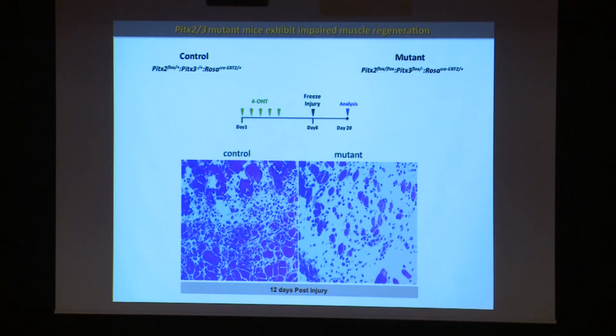So we also injured the muscles of PITX2 and 3 deficient mice. This is ongoing regeneration, 12 days after injury. And in all the mice we've been studying, we find that there is a marked deficit in the capacity of mutant muscles to undergo regeneration after injury.